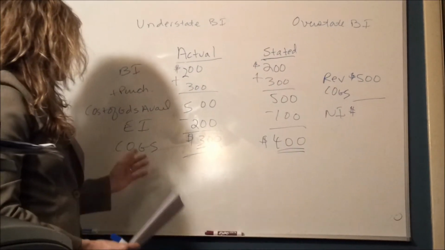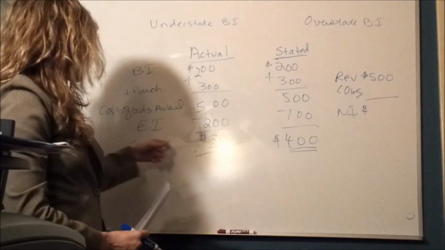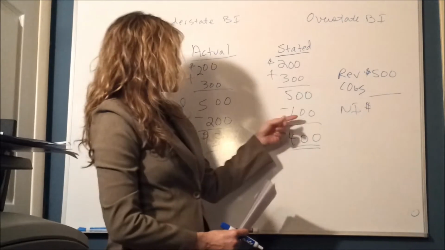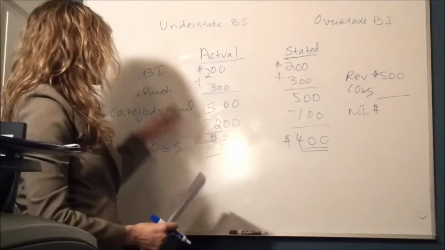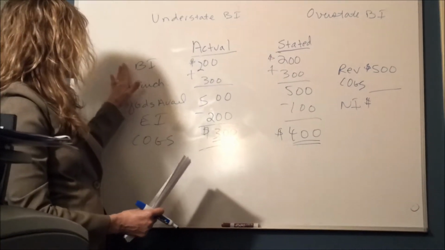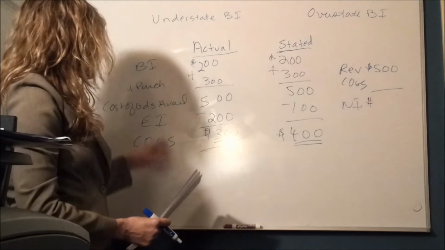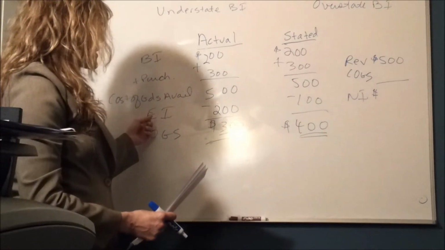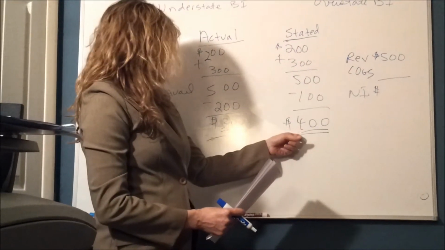Now we're going to look at what happens with ending inventory if it's misstated. In our case, our actual ending inventory balance was 200. We thought it was 100, so we understated our ending inventory. Everything else is the same. Beginning inventory is the same, purchases, cost of goods available. What happens if we understate ending inventory? We end up overstating cost of goods sold.